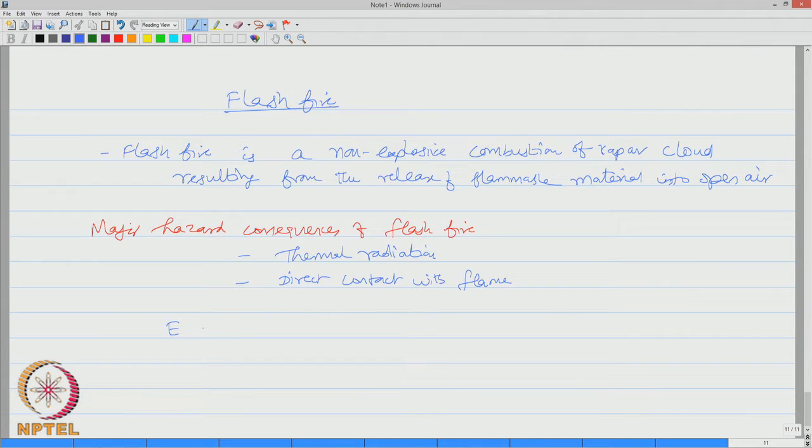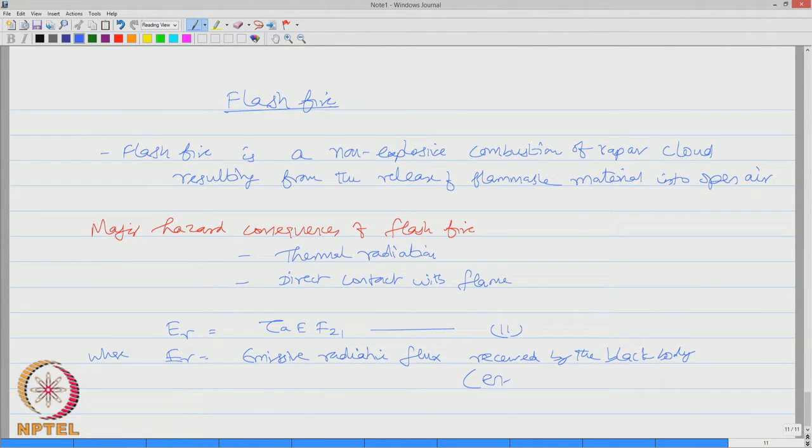The energy release is given by this equation ER, which is tau A E F21, similar to that of the earlier model, where ER is emissive radiative flux received by the black body measured in terms of energy per area time.